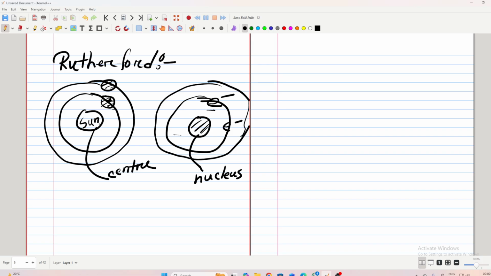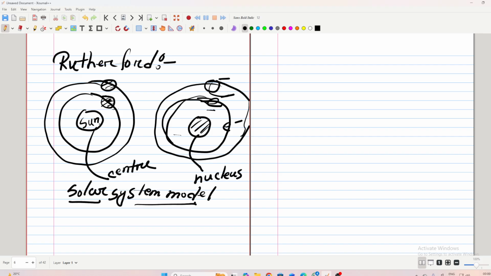As the planets are rotating around the sun, the electrons are rotating around the nucleus. Not exactly the same, but we can compare them. So this is called the solar system model.